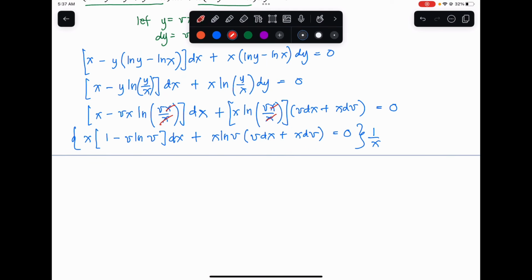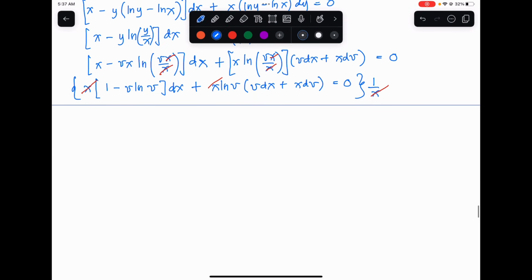So leaving us to have 1 times dx, it's dx, minus v ln v dx, then plus ln v times v dx, which is v ln v dx, and then plus x ln v dv equals 0. So negative v ln v plus v ln v will be cancelled out.